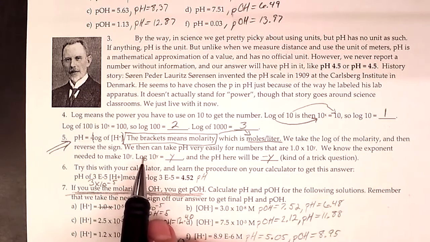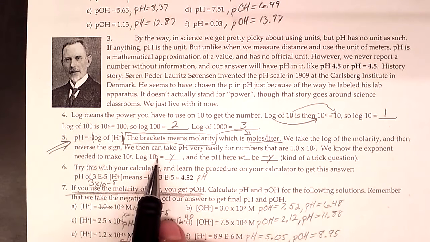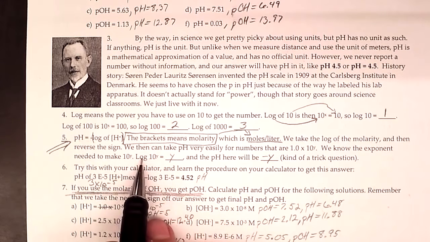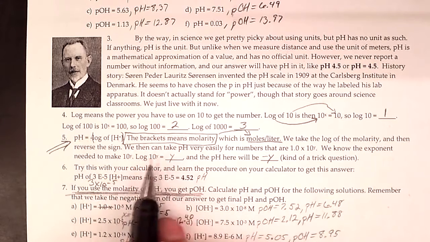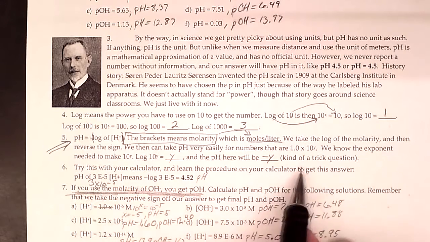That's what this says, to get 10 to the y. Because there's not a number in front to complicate this, it's just this. Well, I have to stick y on 10 to get 10 to the y.